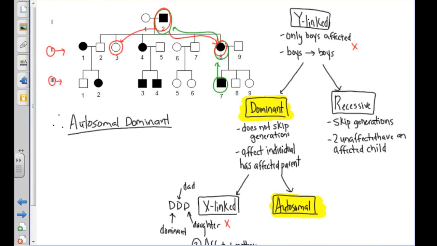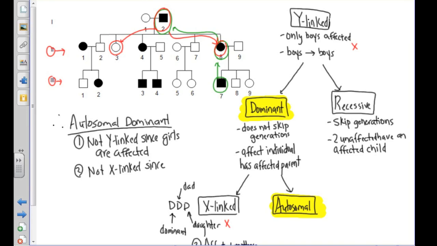Now for our two reasons, we can pick any of the above. This time we can write that it's not Y-linked because girls are affected. And our second argument for why we believe this pedigree is autosomal dominant could be that it does not follow the DDD rule.